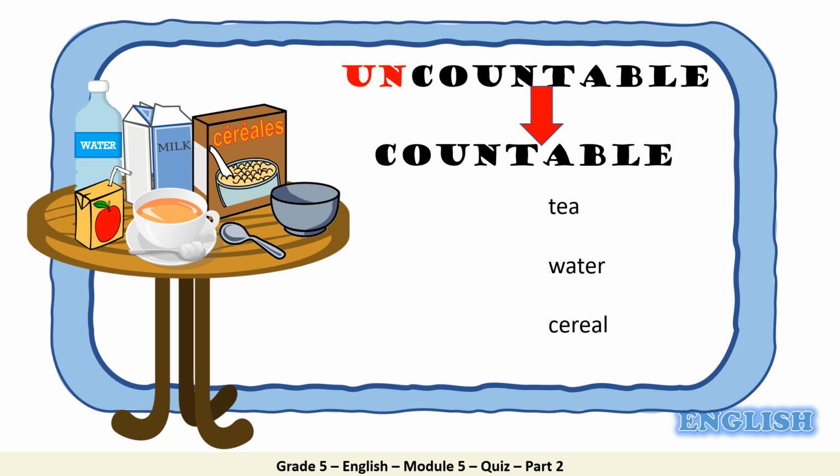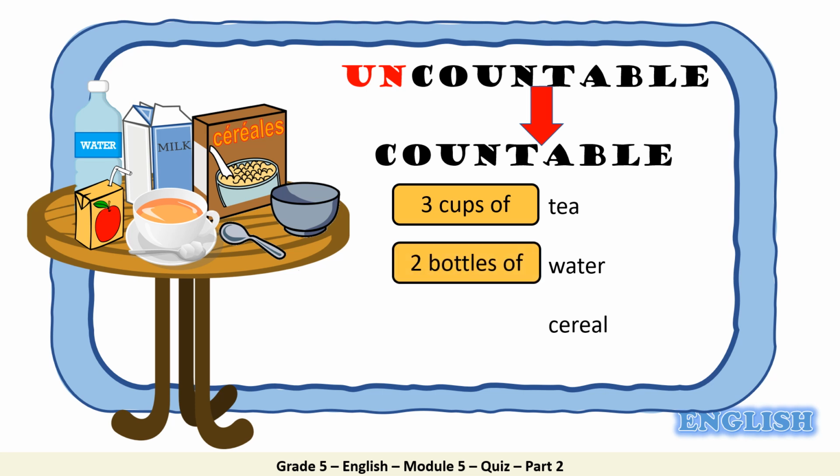Tea is uncountable. But I can add the word cup before it and make it countable, like this. I had 3 cups of tea. Water is also uncountable, but I can make it countable by adding a word before it, like glass or bottle. For example, I bought 2 bottles of water.